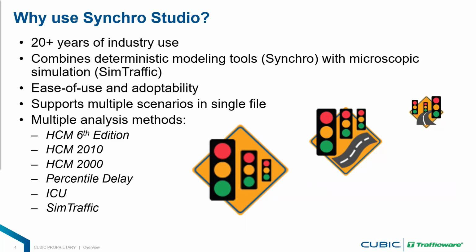It supports multiple different analysis methods: HCM 6th edition, HCM 2010, HCM 2000, percentile delay method, and ICU, which is intersection capacity utilization. The percentile delay method is Synchro's own method, right? And SimTraffic allows you to run the simulation as well as create reports out of your simulation, okay?